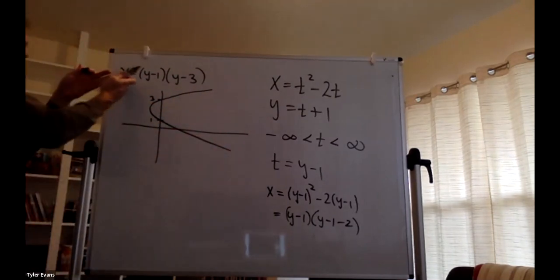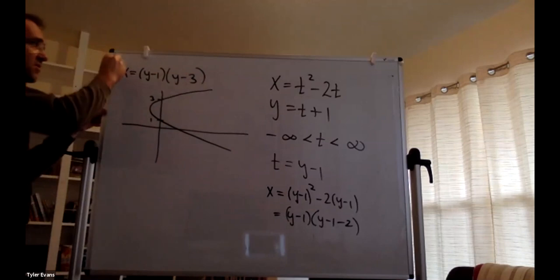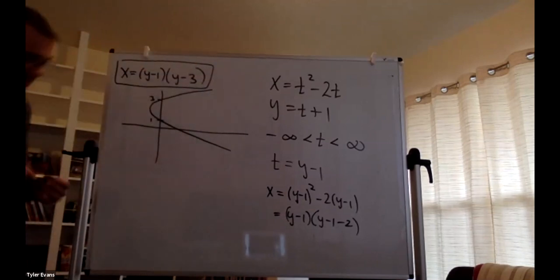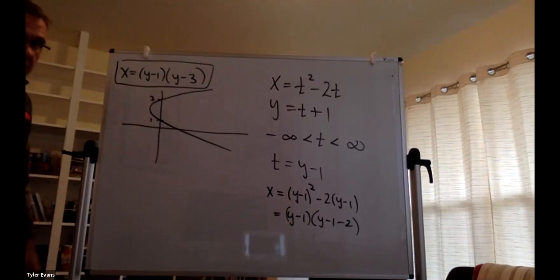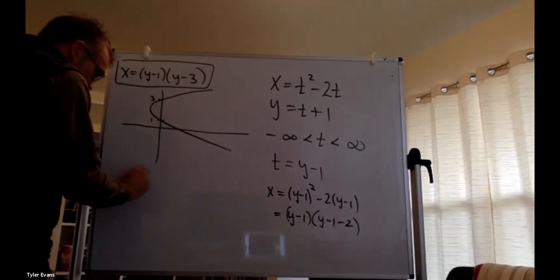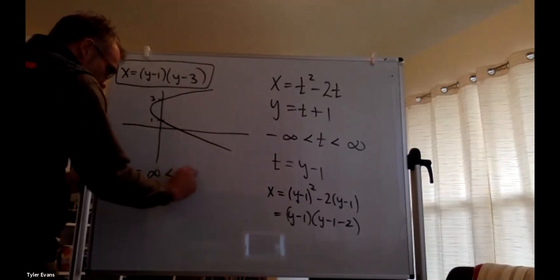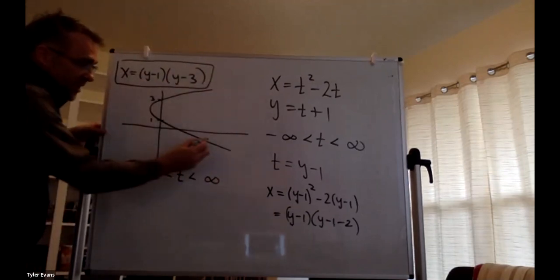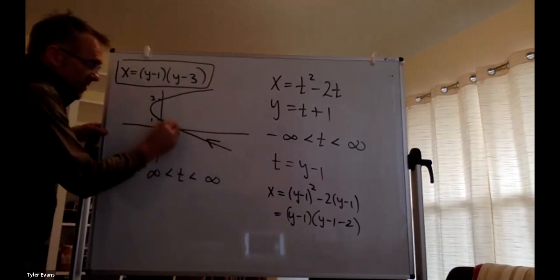So that's the explicit equation. I'm going to leave it solved for x because it's not a function of y. It's not a function of x. It's a sideways parabola. But what we were talking about on the screen, as t increases, we're always going to label these parametric curves, as we'll call them, with direction arrows.